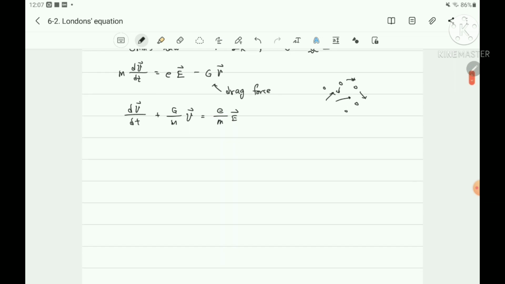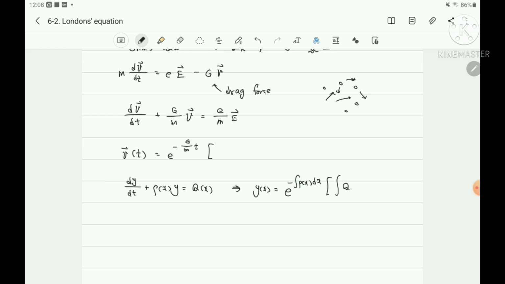Therefore, when we write the equation of motion, dv/dt plus g over m v equal to e over m E, it is a first order differential equation. The solution of this first order differential equation: for dy/dt plus p(x) y equal q(x), the solution y(x) is exponential minus integral p(x) dx, times integral q(x) exponential integral p(x) dx, plus c.